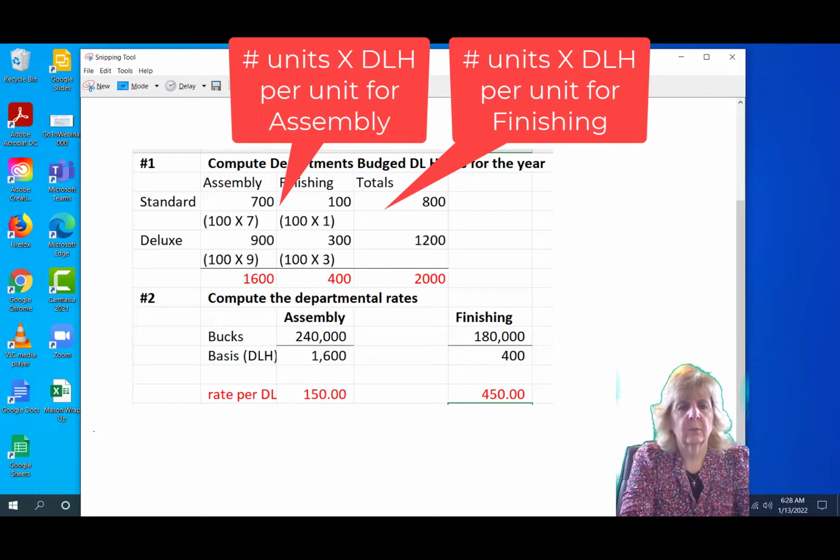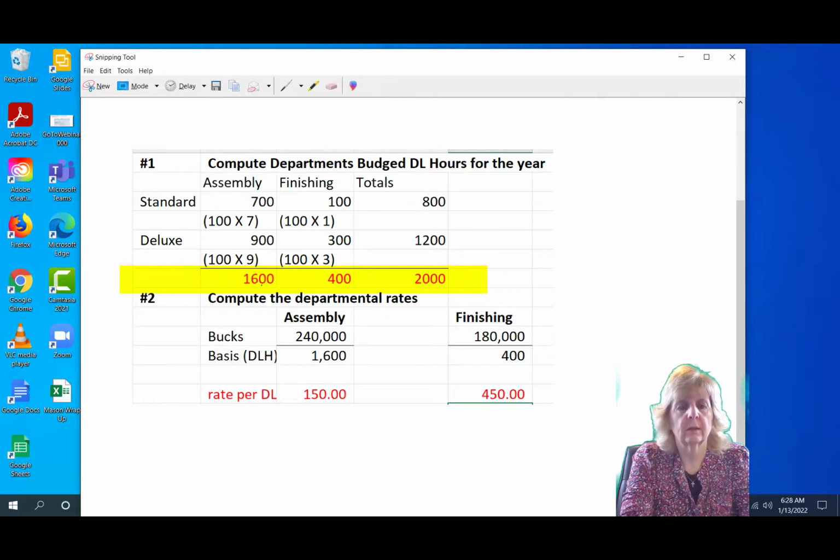So fairly simple multiplication. Add them up and you'll see the results in red. This means that the assembly department has 1,600 budgeted labor hours for those 100 units that they plan on making, and the finishing department has 400 budgeted direct labor hours for the year.